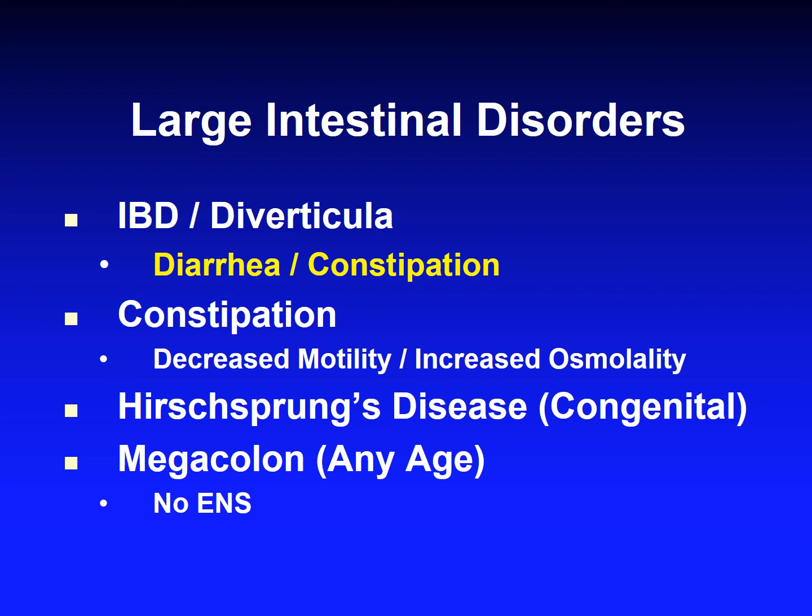Megacolon happens at any age, and it is due to the loss of the enteric nervous system in the colon. That's a very, very important cause. That shows you the importance of the enteric nervous system.